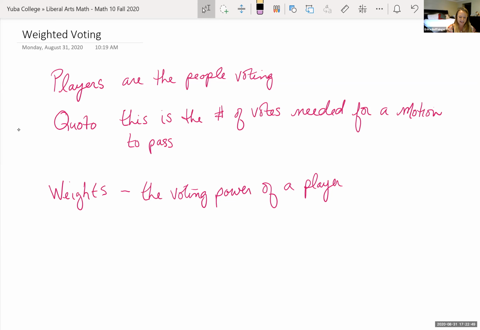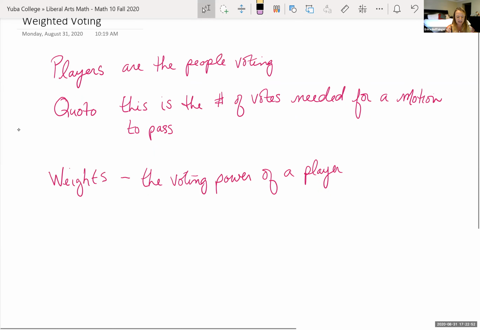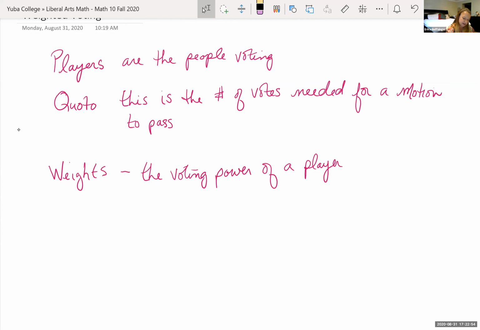Okay, so when we're setting this up and we're looking at a ballot, this is how we can read it. So reading ballots, you're going to have this Q here, and maybe they use little q, but it doesn't really matter. So this is what the quota is. And then they're going to have some numbers in here: W1, W2, W3, dot, dot, dot, to WN. In this case, this first number is the quota.